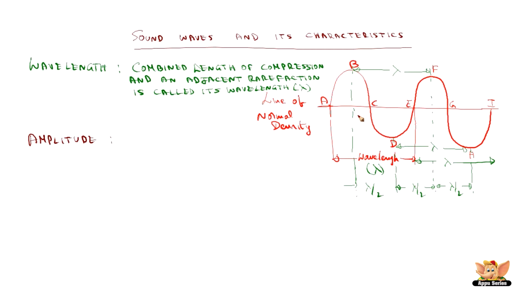So in the figure, if we have this denoted as P, Q and R, and this is S, then BP and FR, QD and SH are all the maximum displacements on either side of the line of normal density. So this BP, for example, is amplitude. Let us define amplitude.